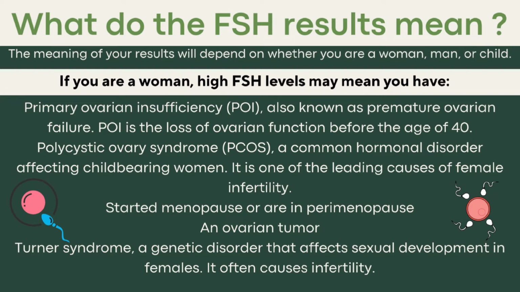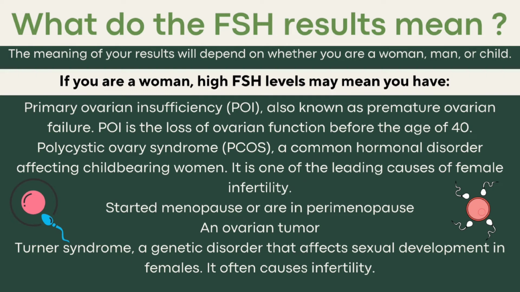PCOS, a common hormonal disorder affecting childbearing women, is one of the leading causes of female infertility. You may have started menopause or are in perimenopause. An ovarian tumor, or Turner syndrome, a genetic disorder that affects sexual development in females.